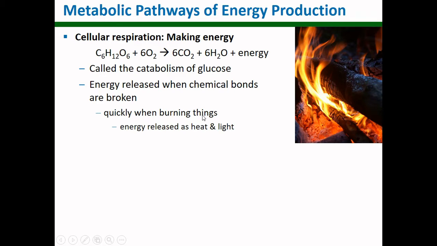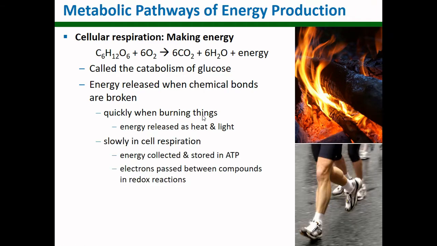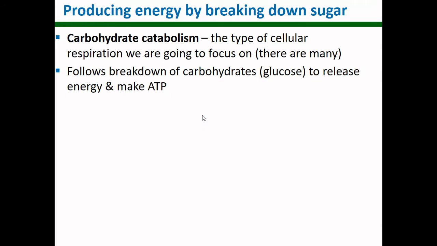Energy is released slowly in this case and put into ATP in our cells. When energy is released quickly, you get a rapid release of heat and light, which is fire. So what we're talking about here is carbohydrate catabolism, the breakdown of sugar, to make energy.